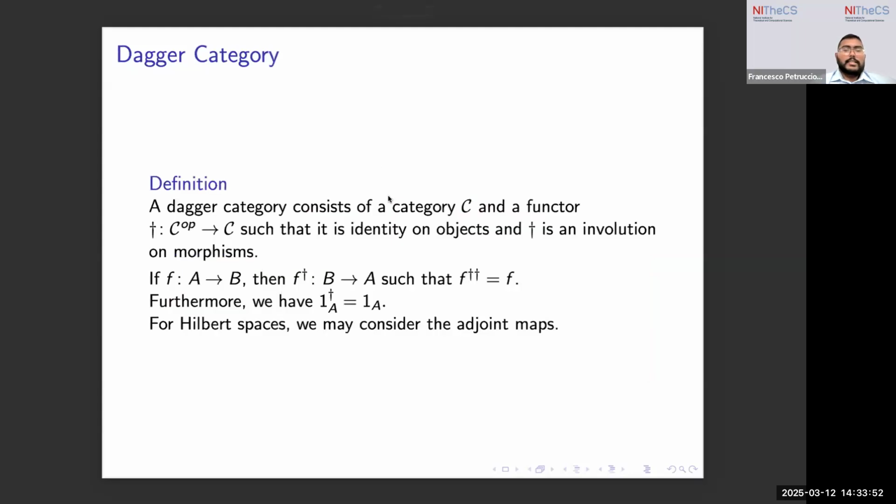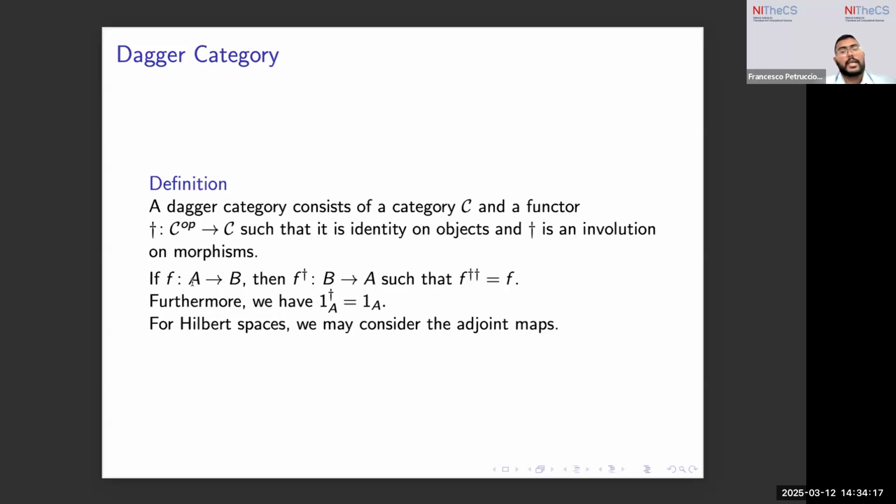So what were those daggers that I described before? A dagger category consists of a category and a contravariant functor, so a functor from the opposite category to the category itself, that's identity on objects, and it's an involution on morphisms. So that does sound technical, but all it is is a way to get a map in the reverse direction.